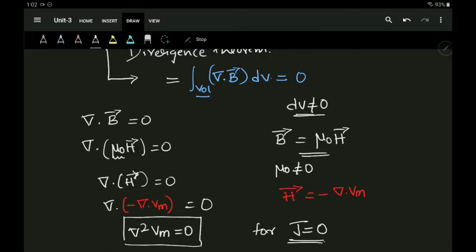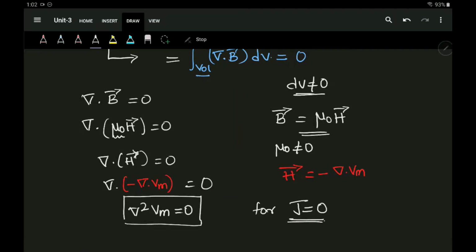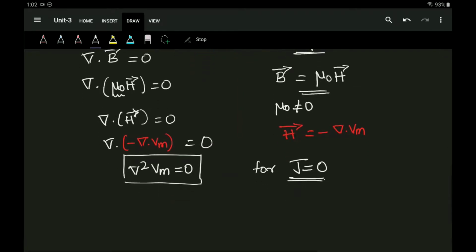For a source free region, I can have a Laplace equation, which is very much similar to my electrostatics equation, where in electrostatics I had del square V, the scalar potential. Here I am having the magnetic potential. Scalar potential, electric potential was defined there. Here I am using scalar magnetic potential. So this is about scalar magnetic potential.